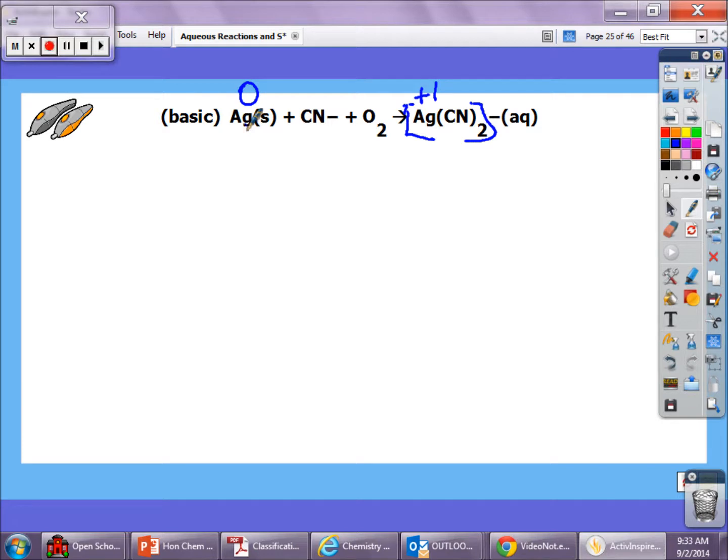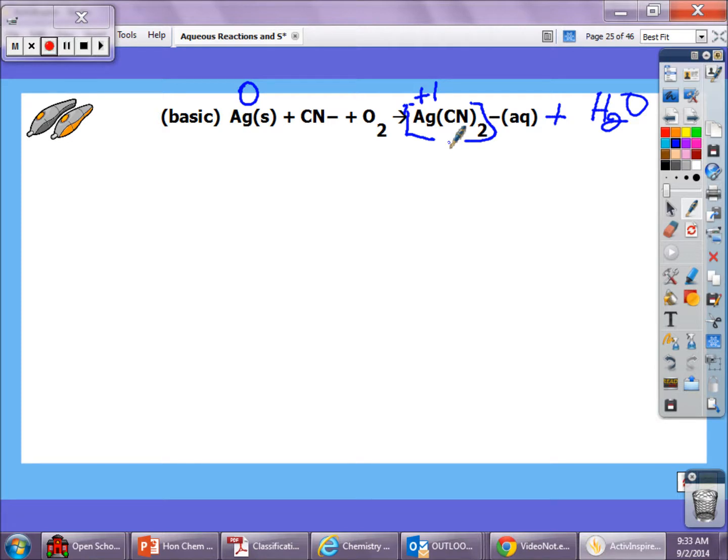It went up. Oxygen. I don't have oxygen on both sides. Since this equation happened in water, I'm going to add water here. It's not going to affect anything because whenever you have solutions, you have ions, it's happening in water. So I can add water so I can use those oxygen to balance my equation.